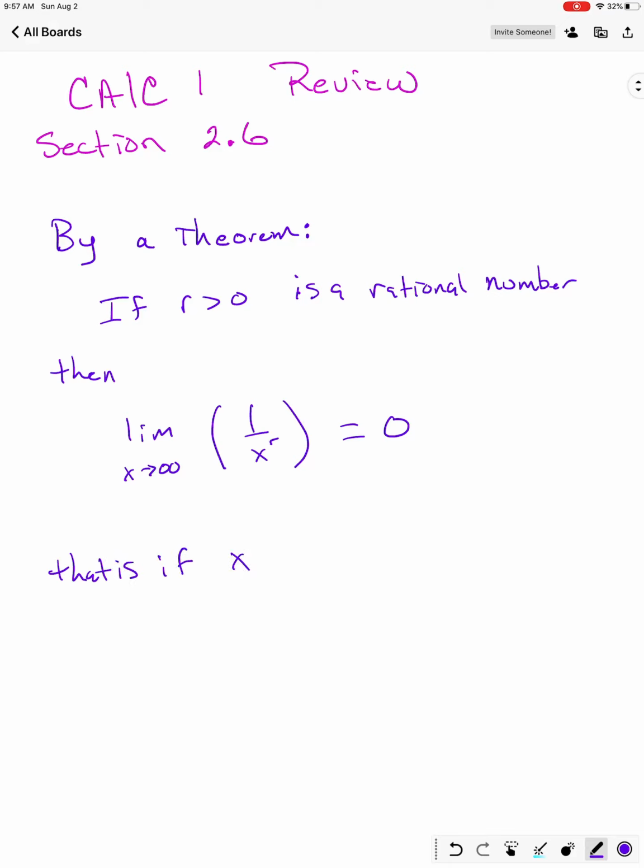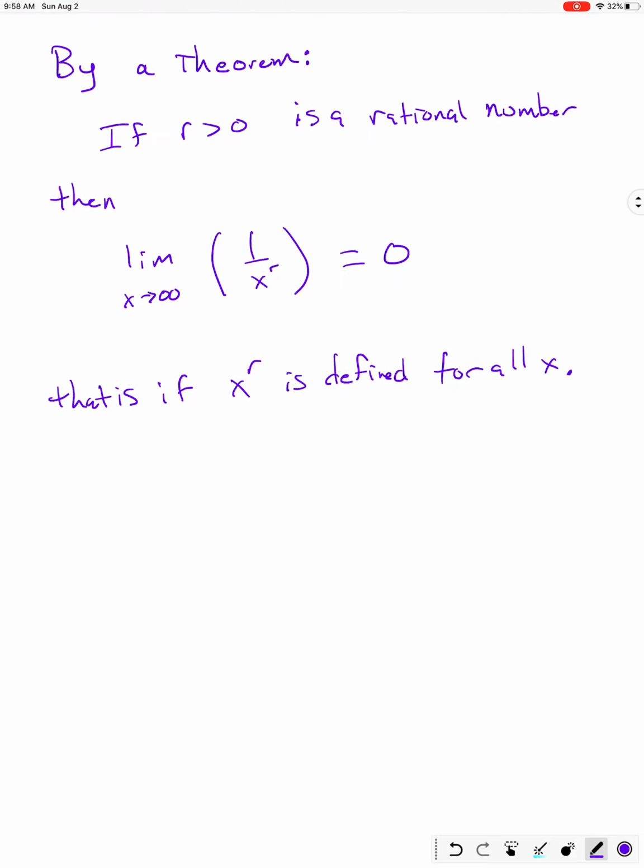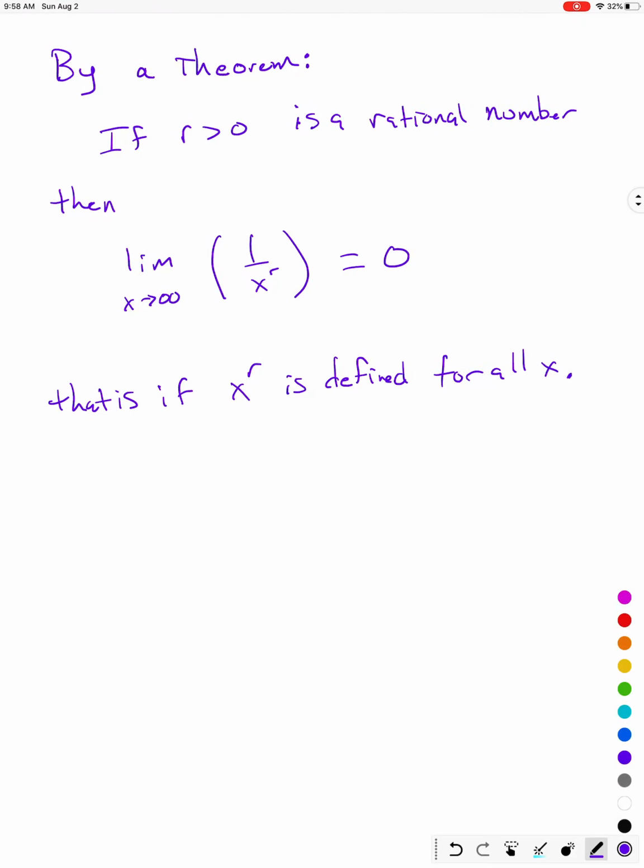That is, if x to the r is defined for all x. So that workhorse theorem is extremely valuable when we're dealing with limits of infinity.